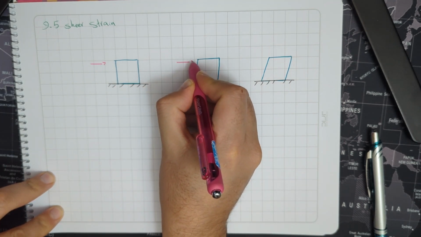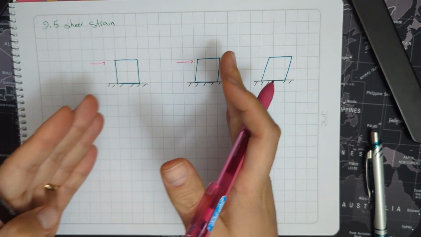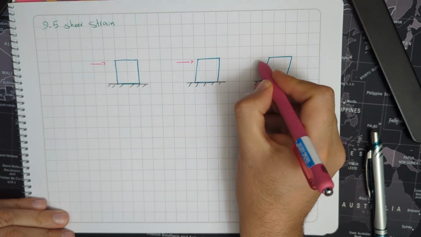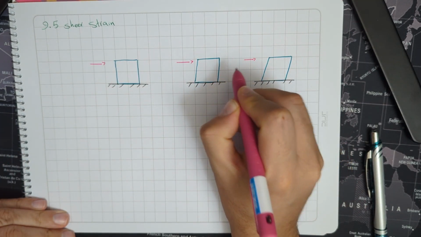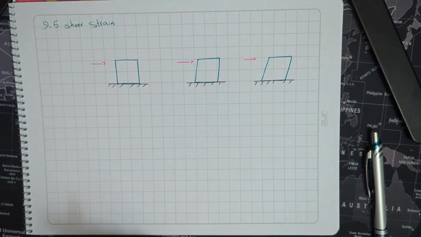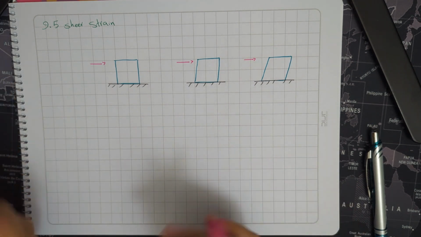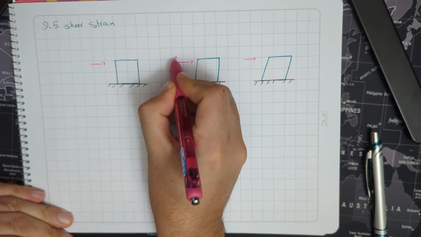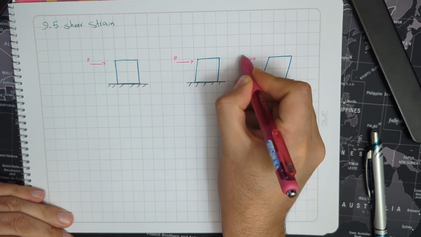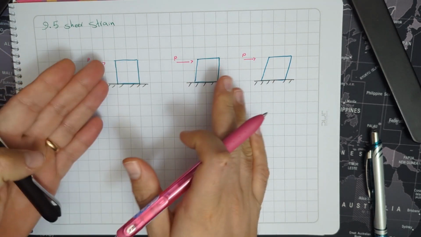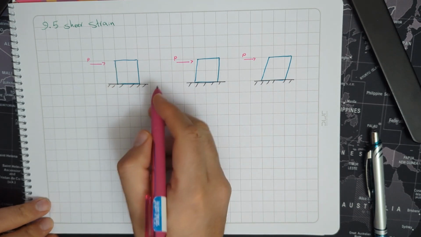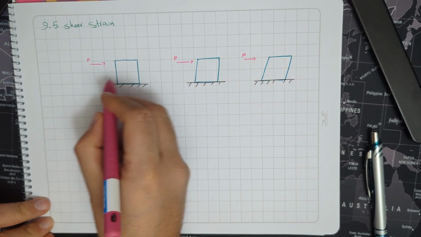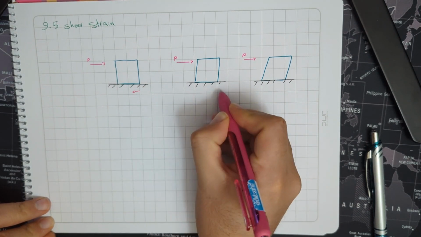After some time, the block is gonna deform. After some other time, the block is gonna deform in this way. And as we talked about before, because this is in equilibrium, if there is a force P to this side, the material itself produces a force P to this side as well.